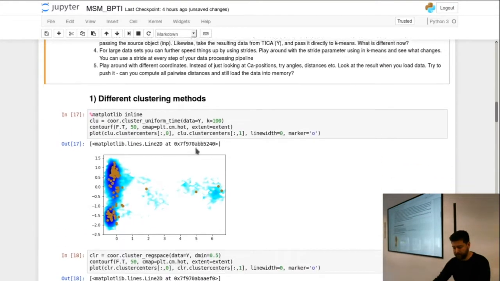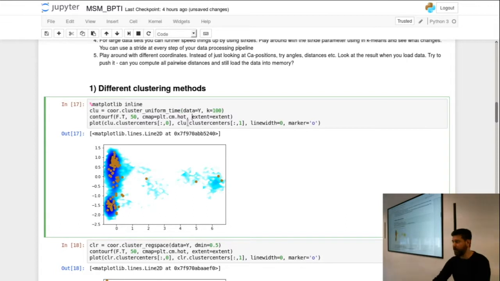So now let's play with different clustering methods. Another clustering method implemented in PyEMMA is pretty useless if you ask me because we never use it, but it's informative to have it there. It's just uniform time clustering. I think GROMACS also implements it because it's very easy to do. You just take every nth frame of your data and you consider that a cluster center.